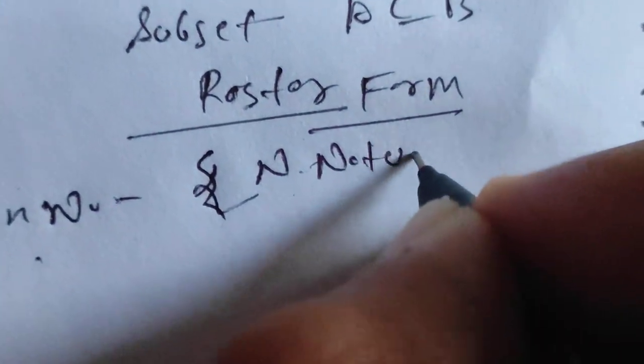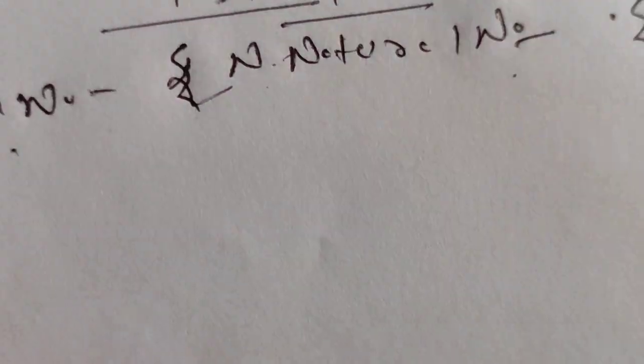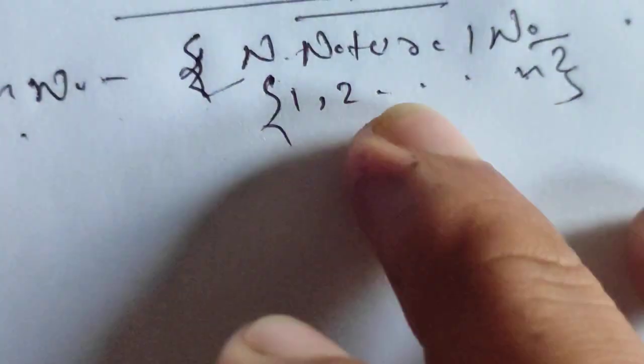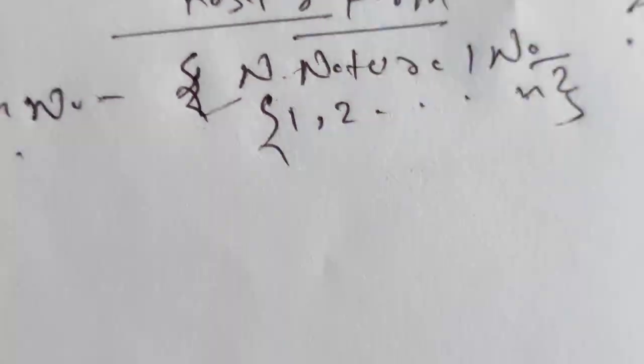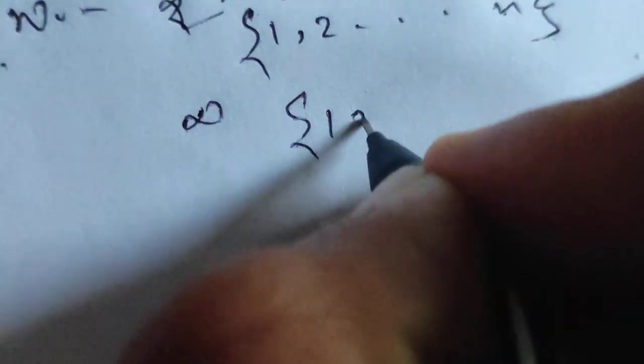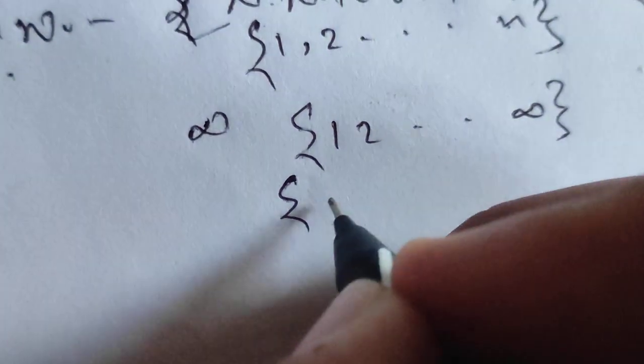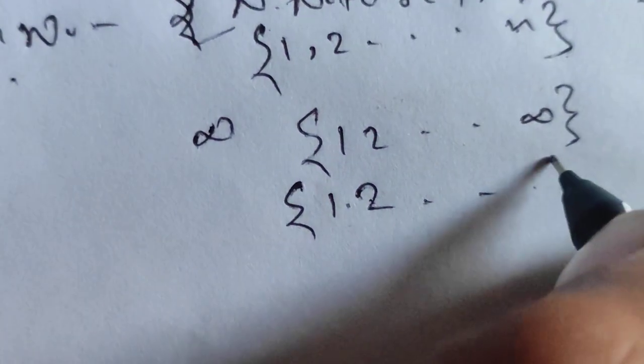When we talk about n natural numbers, we generally write 1, 2, 3, dots, and so on up to n. If we have infinity, we write 1, 2, up to infinity, or 1, 2, and so on. This is again an example of using this.